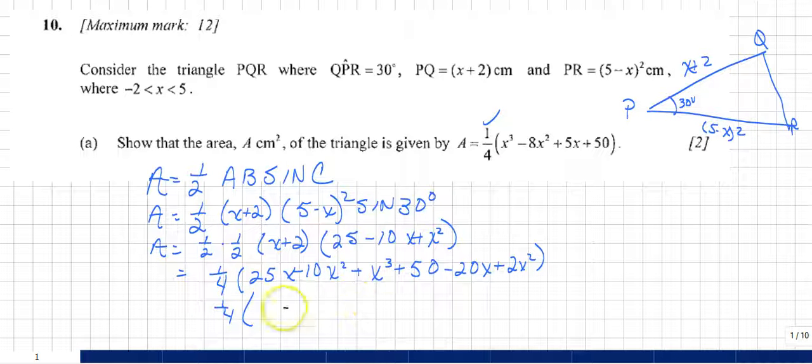Putting the terms in order, highest power, x cubed. Let's go to the x squareds. We have minus 10 plus 2, that's minus 8. The x terms, we have 25 minus 20, so that's plus 5. And the constants, we have plus 50. Hey, how about that? That is the answer, which we were supposed to show. So there's an easy, fairly easy, 2 marks.